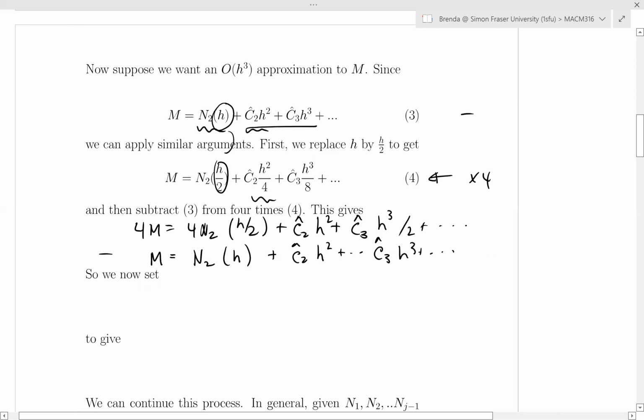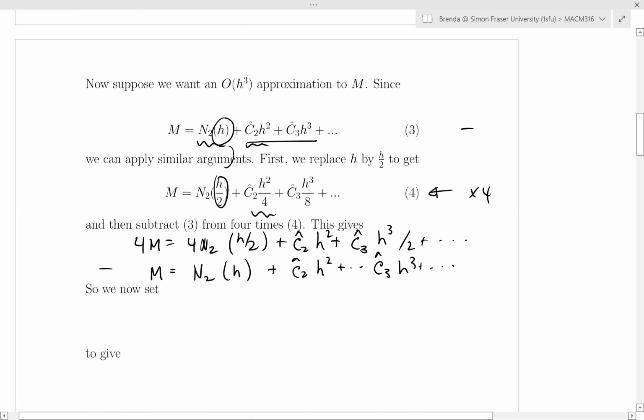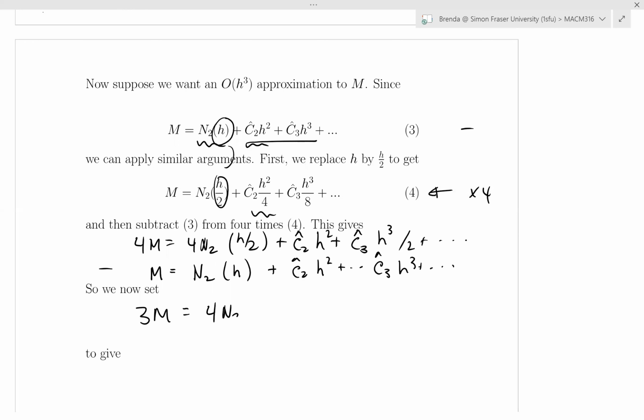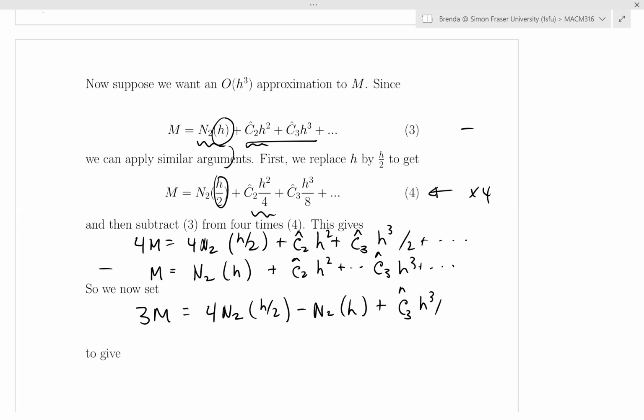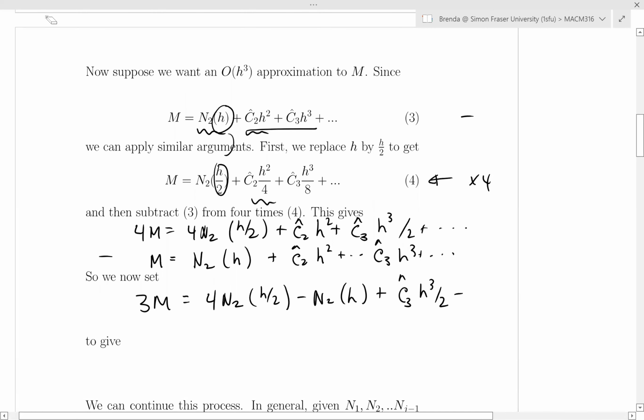And so then I go ahead with that, and I get 3M is 4N2 of H over 2 minus N2 of H plus C3 hat H cubed over 2 minus, actually, I should probably get that next one, C3 hat H cubed. Okay, and that gives you then your next approximation, this thing right here.